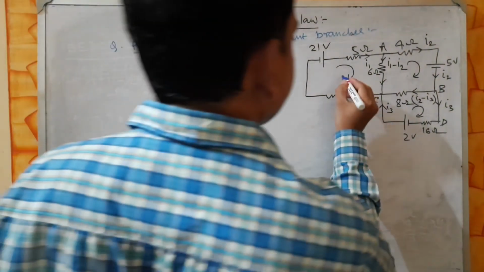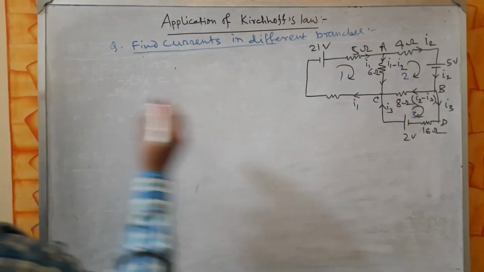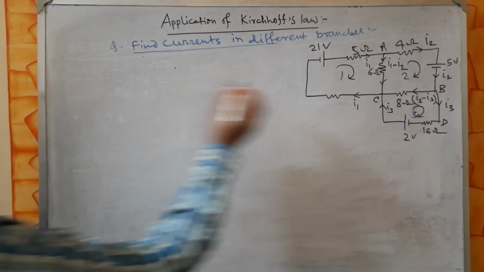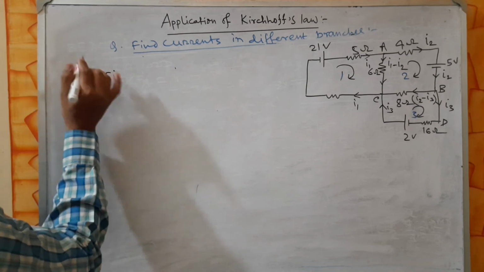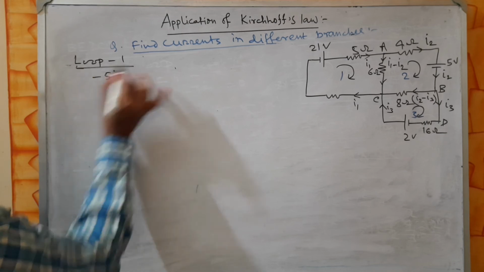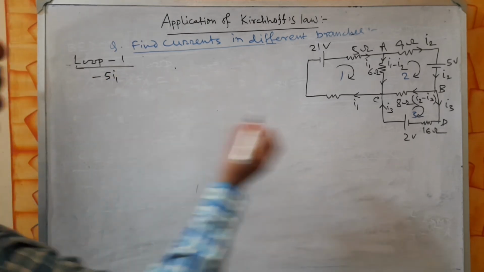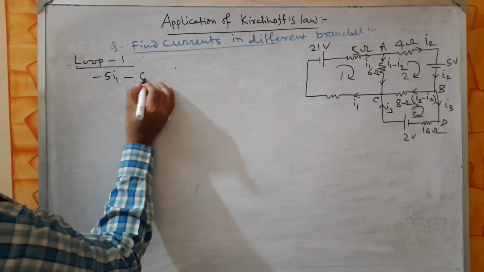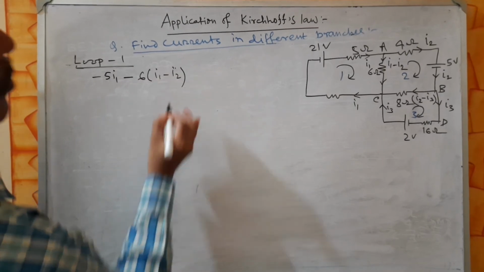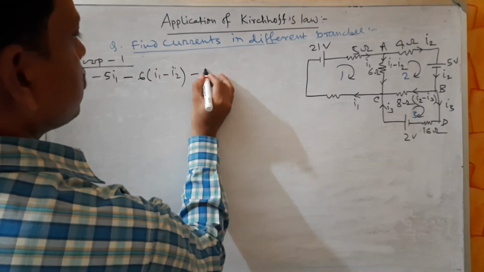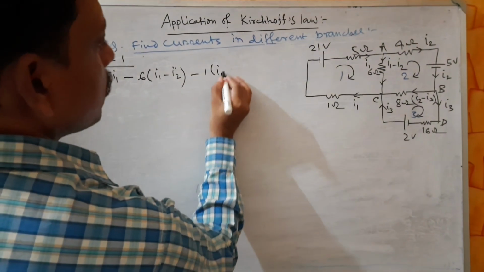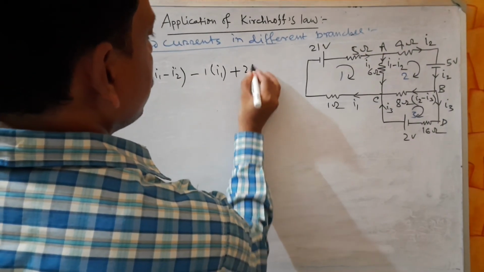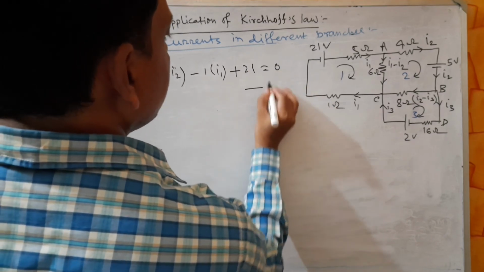From the first loop, loop 1: 5 minus 5 I1, minus 6 into I1 minus I2, and minus 1 into I1 plus 21 is equal to 0. This is equation 1.